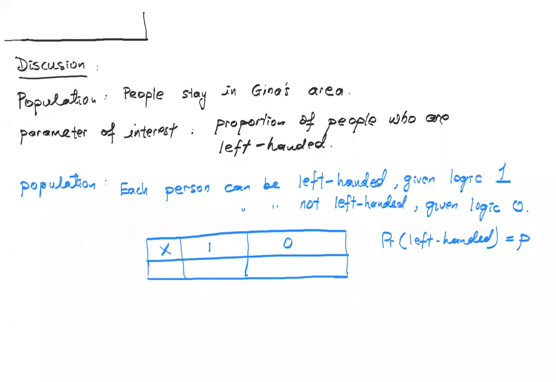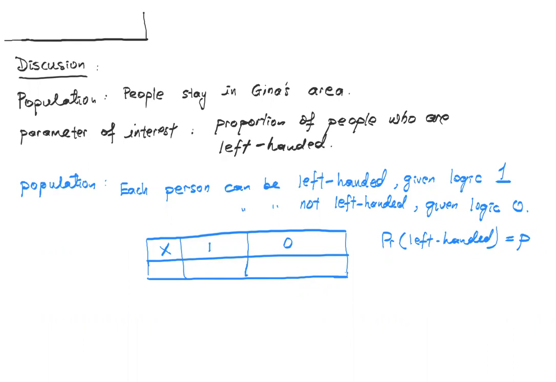So today we are going to talk about how we are going to predict, for example, in this case, I use the example in the discussion. We don't know what is the percentage of people who are left-handed.